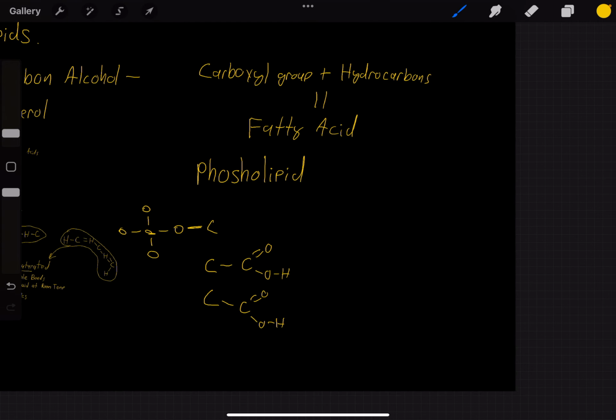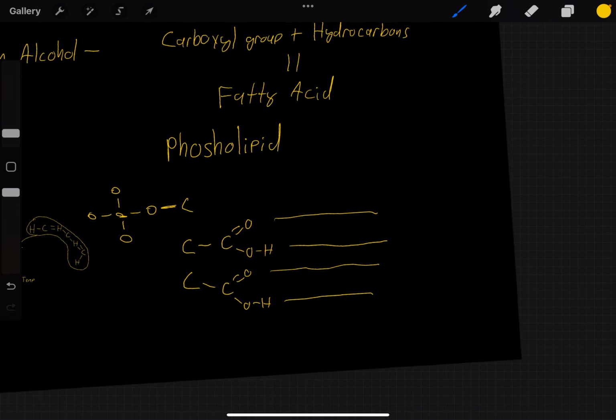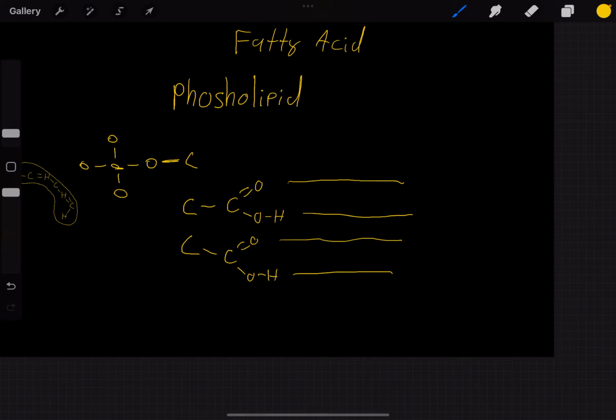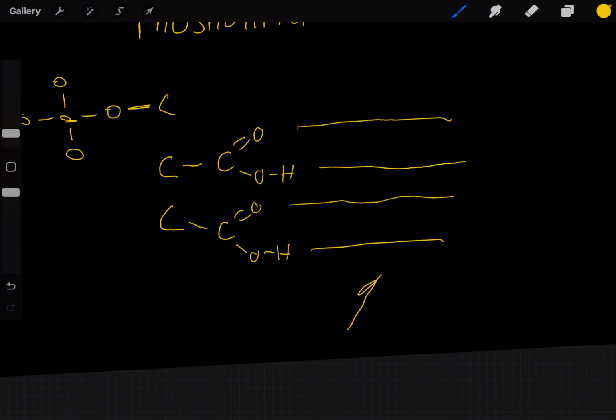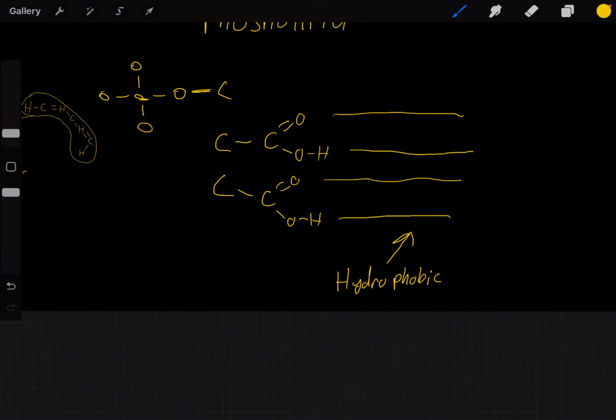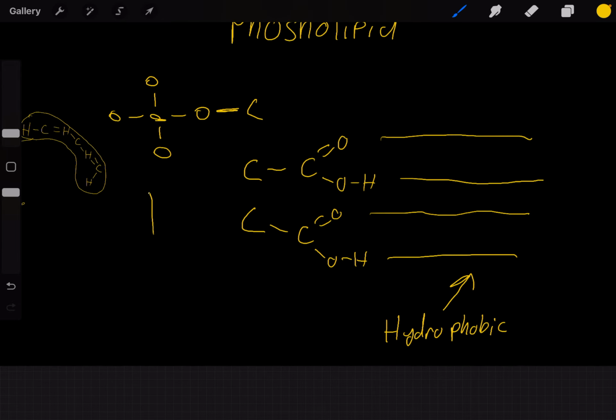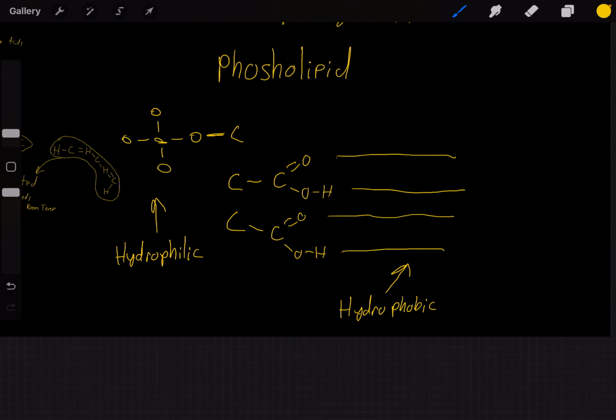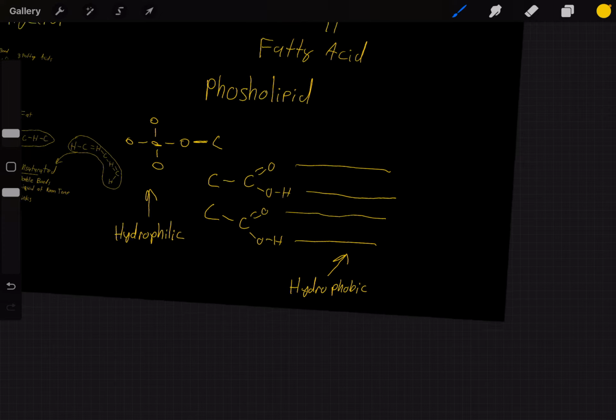Now, this will also have a bunch of hydrocarbons down the line. Those are hydrocarbons. And one property of phospholipids is that this end right here, since it's hydrocarbons, and hydrocarbons are nonpolar, is hydrophobic. And we have this end, which is polar, and it's hydrophilic. So this molecule has both hydrophilic and hydrophobic parts.